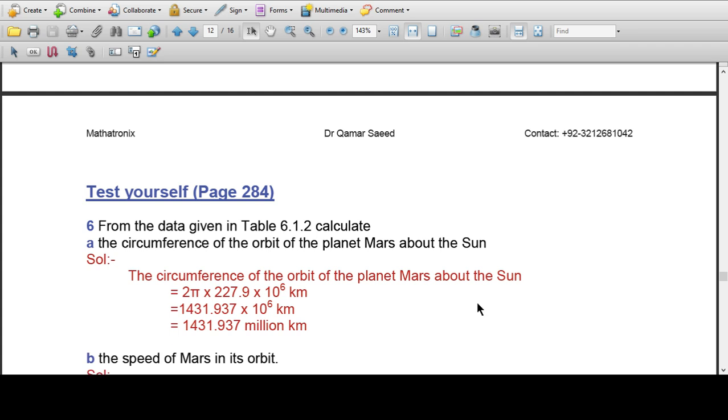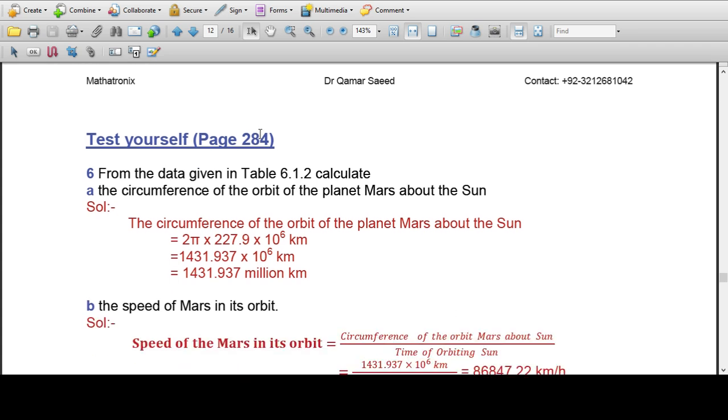Now test yourself, page 284 from the Hodder Education book. Tom Duncan and Heather Kennett wrote this book. From the data given in Table 6.1-2, calculate the circumference of the orbit of the planet Mars about the Sun. The circumference of the orbit of Mars about the Sun is 2π times the radial distance.